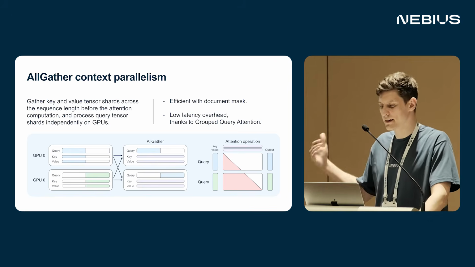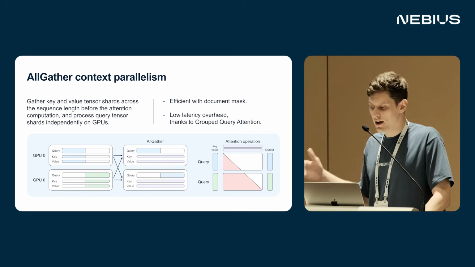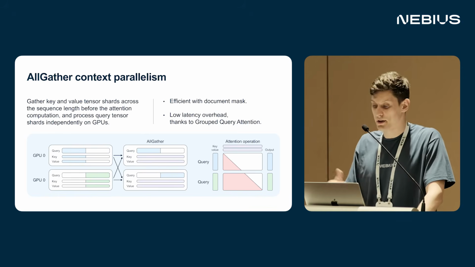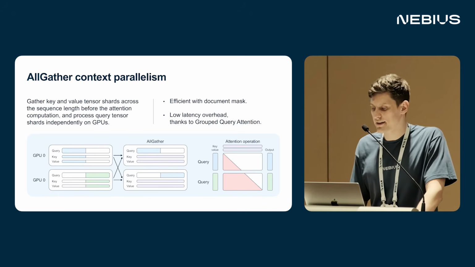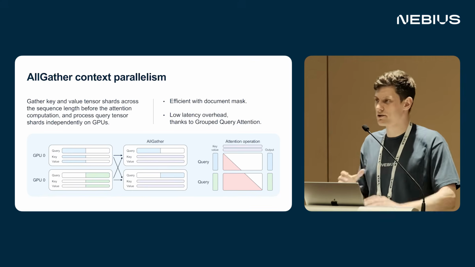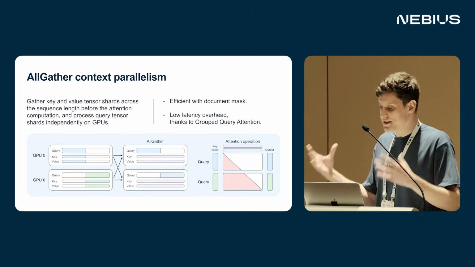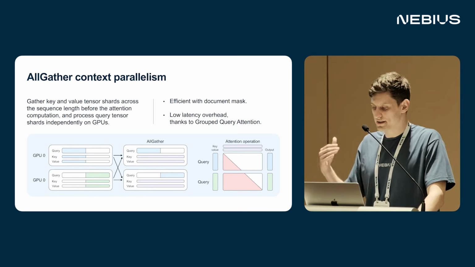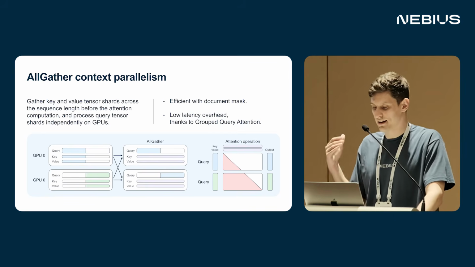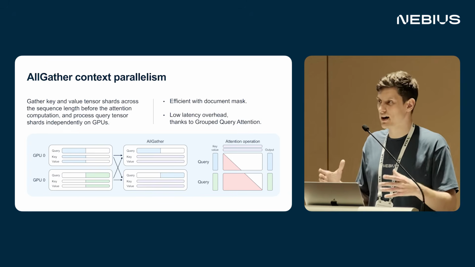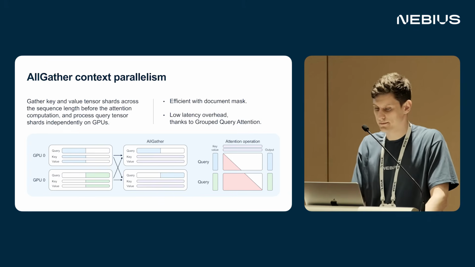And the great thing here is that this approach plays nicely with the document mask. Plus, thanks to grouped query attention, the amount of data that transfers between GPUs is reasonable, leading to very low latency overheads, often negligible if the GPUs are within the same compute node.